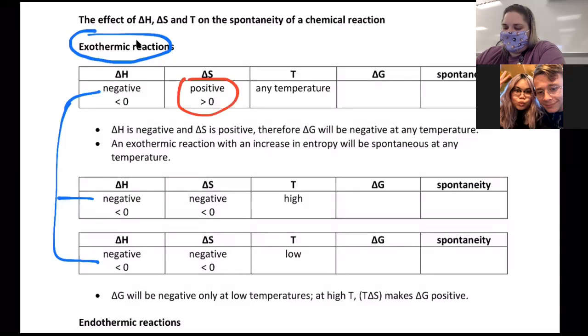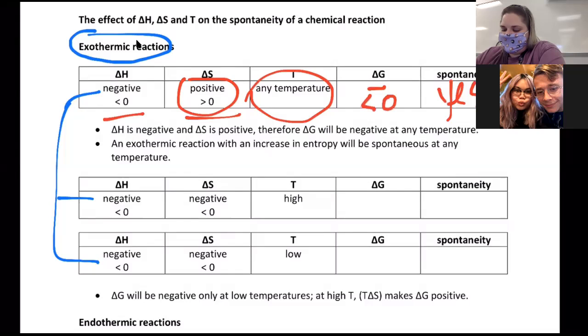If I have a negative delta H and a positive delta S, it doesn't matter what the temperature is. At any temperature, delta G will be negative, and that means that yes, it is spontaneous. I'm going to rewrite this a little bit, so I'm going to put negative and then less than 0.